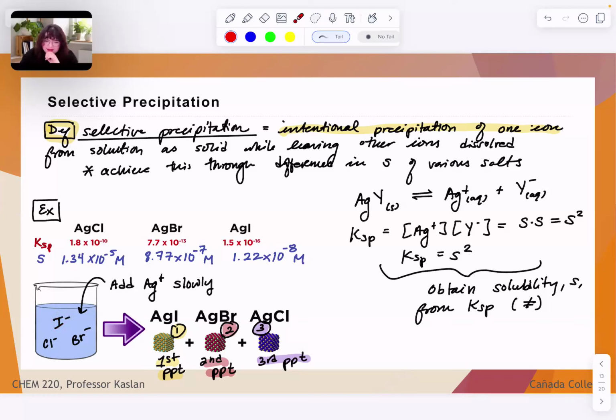So let's say I wanted to remove bromide and not iodide, I could look for a different ion that's not a silver-based ion that has a lower solubility with bromine than iodine, or vice versa. But in this case, if I wanted to get all of my bromide out, I would first have to precipitate out my AgI and then add enough so I'm sufficiently able to precipitate out the bromide. So this is the main idea behind selective precipitation.